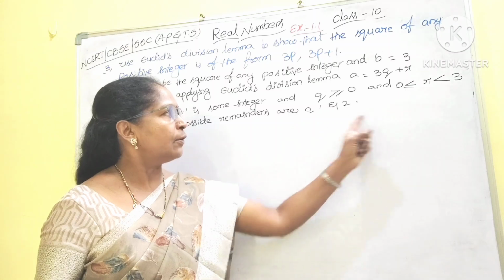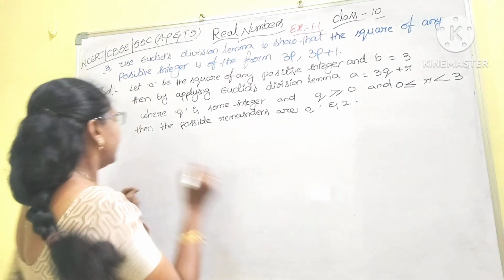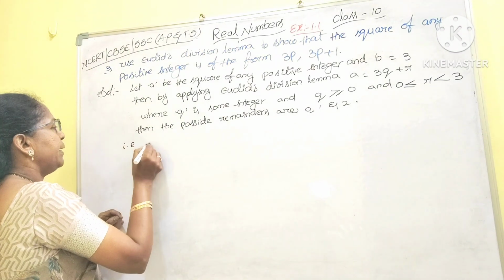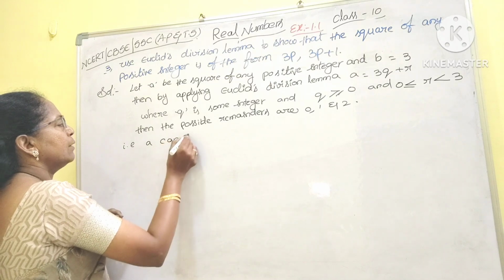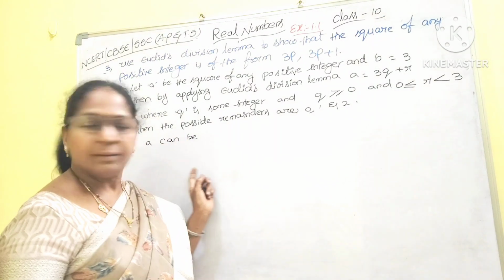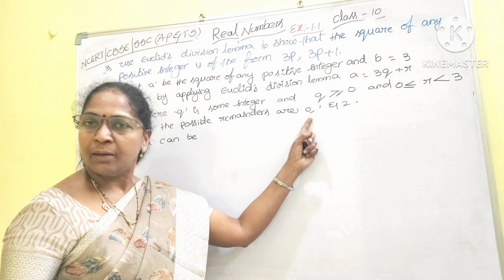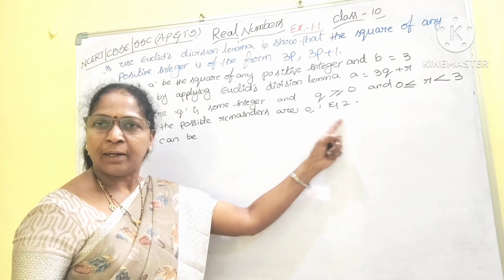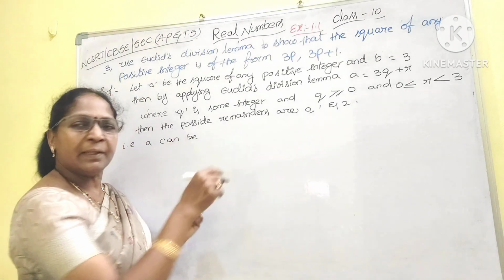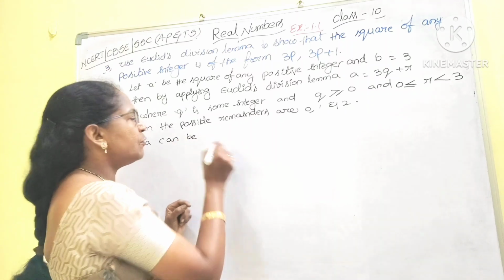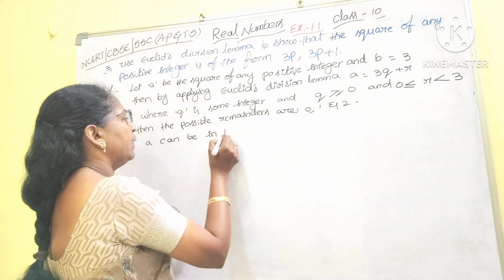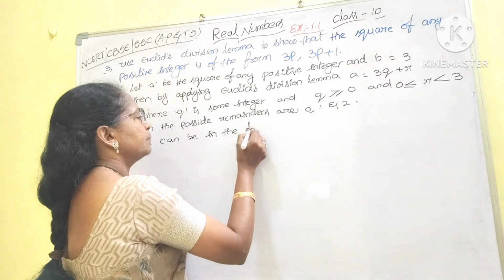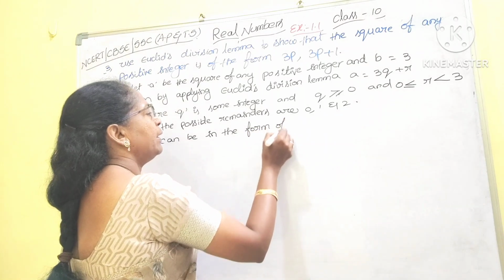Less than 3, so I have to write 0 to 2. Whenever you know the remainders 0, 1 and 2, then A can be in the form of, just apply the remainder values.